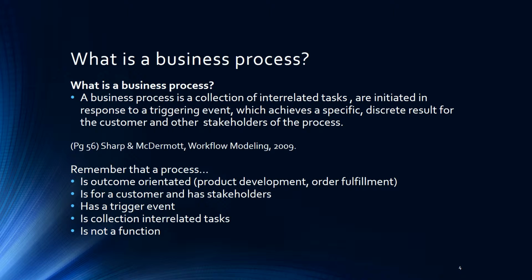And then keep in mind or remember that a process is outcome oriented. It is for a customer and has stakeholders. It always has a trigger event associated with it. And a process is usually a collection of similar activities or interrelated tasks, and it is not a function.